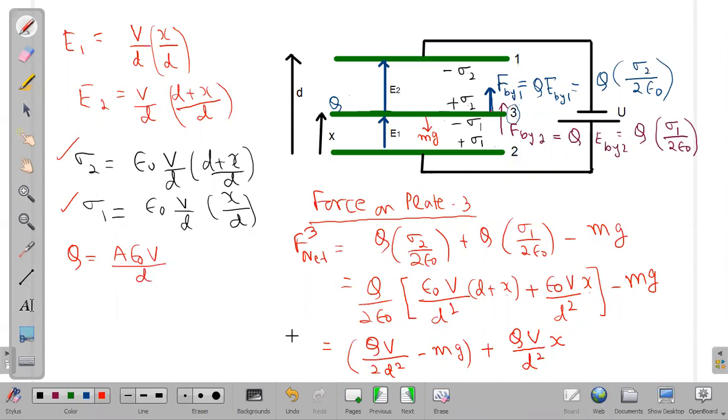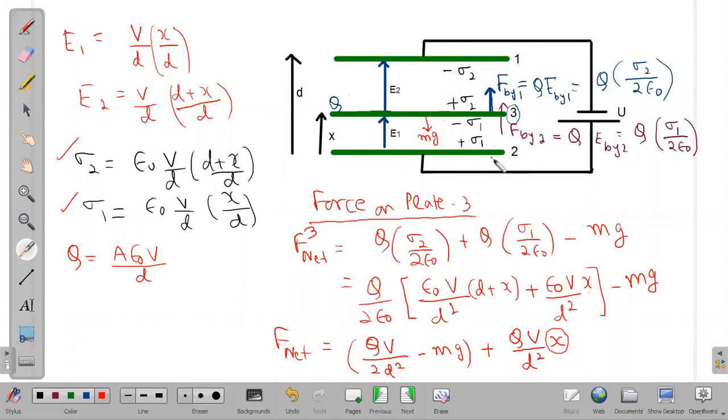Now notice that the net force obtained on plate 3 is a linear function of x. And as the value of x increases, the force on plate number 3 will also increase. Force on plate 3 is increasing with the distance small x. As this distance x goes higher and higher, the net force acting on plate 3 increases.